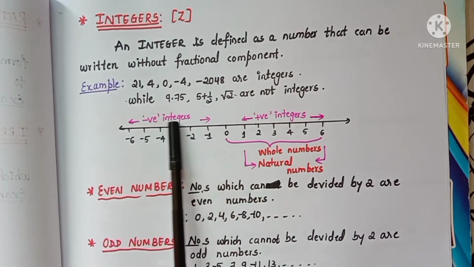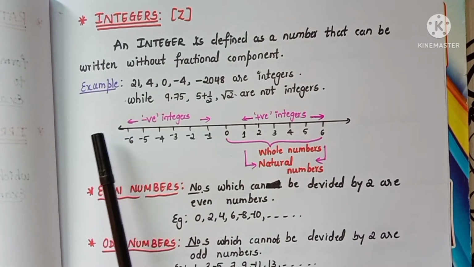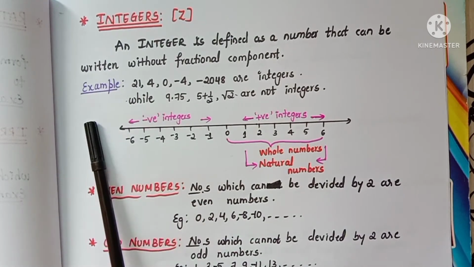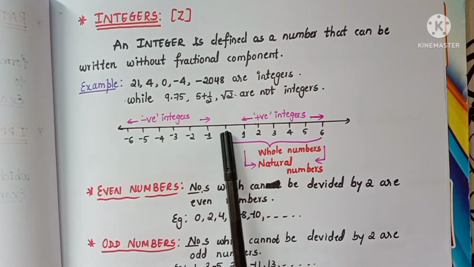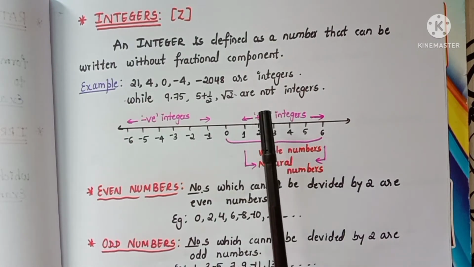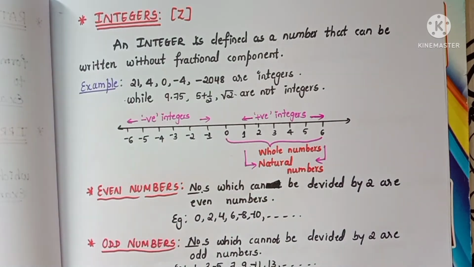These are what? Negative integers. From +1, these are what? Positive integers. Here 0 is neither a positive integer nor a negative integer. Okay, but it is an integer.